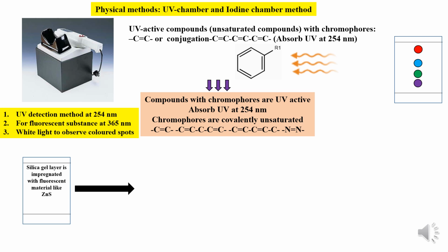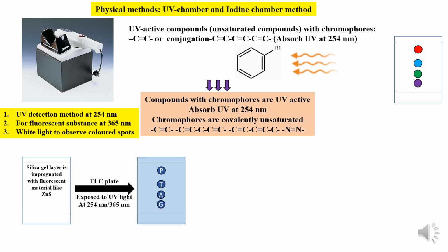So when the TLC plate is exposed to the UV light, when it is placed under this UV cabinet at a wavelength of 254 nanometers, you see that there are bright spots or dark spots against a fluorescent background.